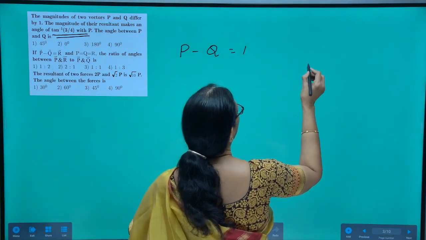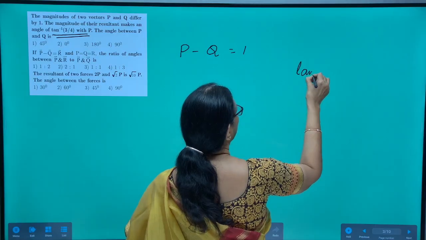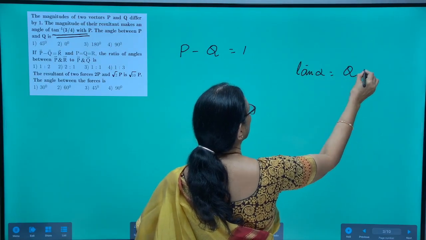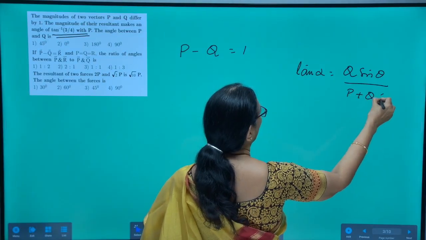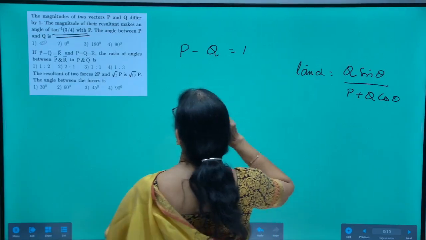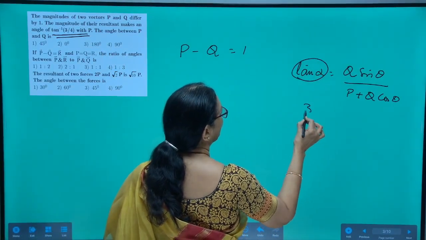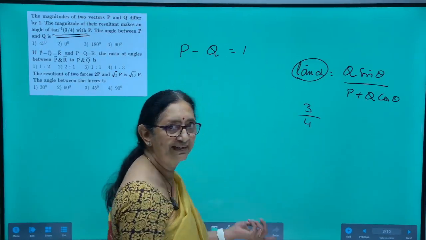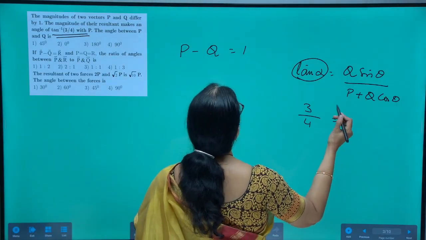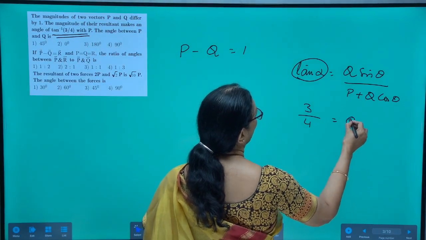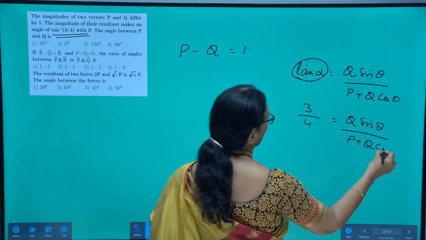So, suppose tan alpha is equal to Q sin theta by P plus Q cos theta. Here they have given that as 3 by 4. Tan inverse 3 by 4 is alpha, so tan alpha is 3 by 4, equal to Q sin theta by P plus Q cos theta.